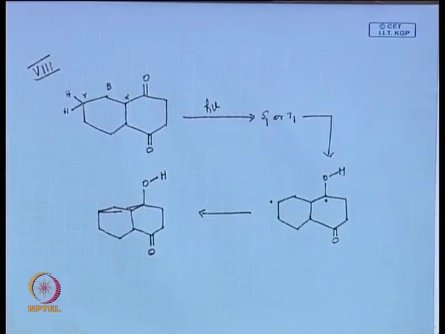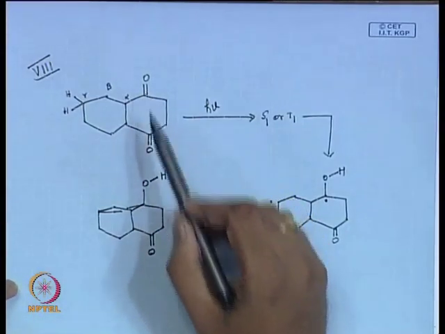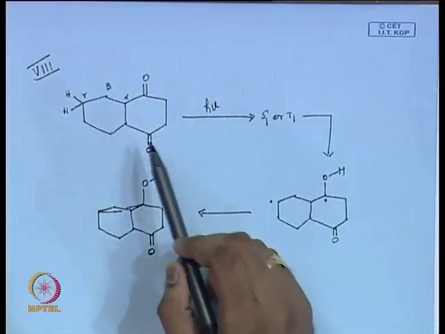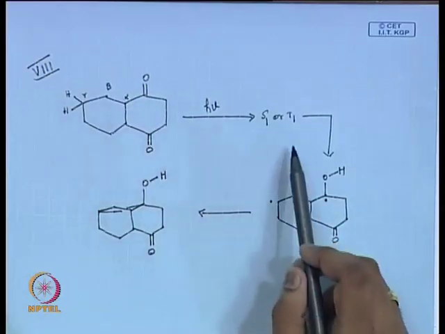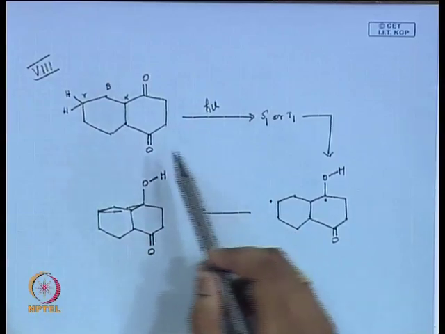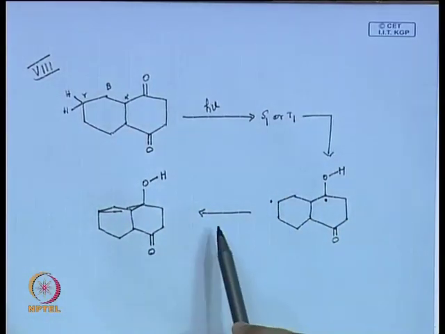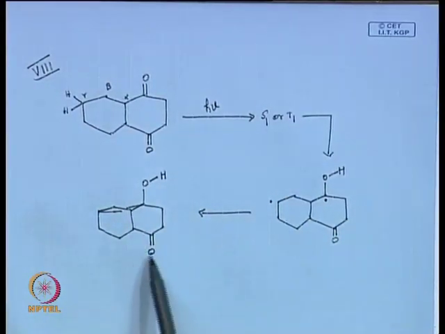Because now you can see here what is happening. Are you getting it? Try to understand. Now I have two ketones. I have used one of my ketones for doing the Norrish type 2 reaction, or sorry, the hydrogen abstraction reaction. Now again I am left with one ketone.